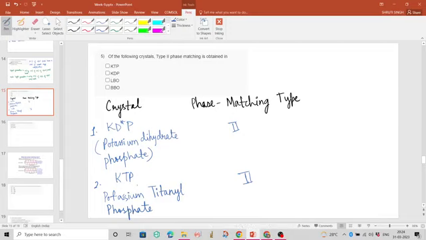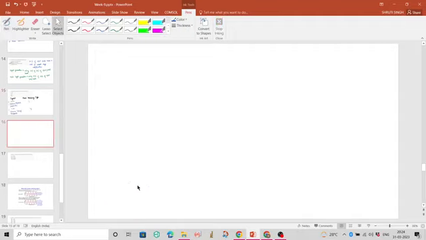Okay. So the next one, which we use mostly, third is, let's say, our BBO, which is beta barium borate. The formula is BaB2O4.